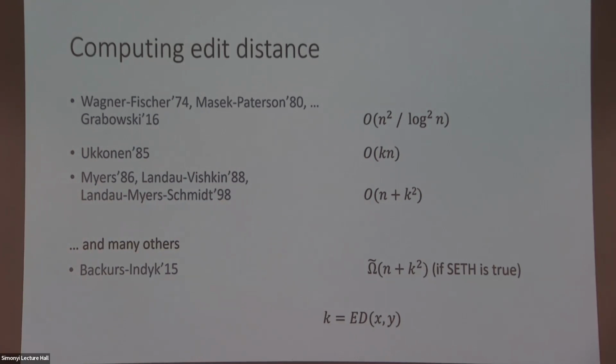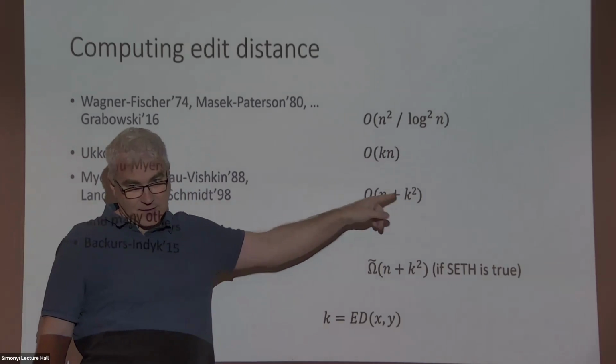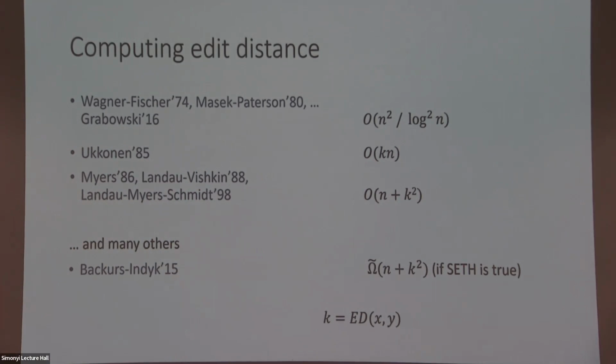That's a very simple observation on the basic algorithm. You can do a somewhat fancier algorithm that runs in time n plus k squared. In particular, if the distance is small, like square root of n, then it runs very efficiently. It's a linear time algorithm. So that sounds pretty good.